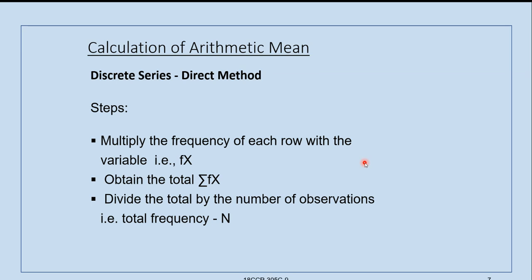These products which are taken in the third column is summed up at the end of the third column, and then that is divided with the total of the frequency, that is n, sigma f or n you can call. Frequency is nothing but number of observations. The same thing we are doing here, divided by n. Sigma fx divided by n.